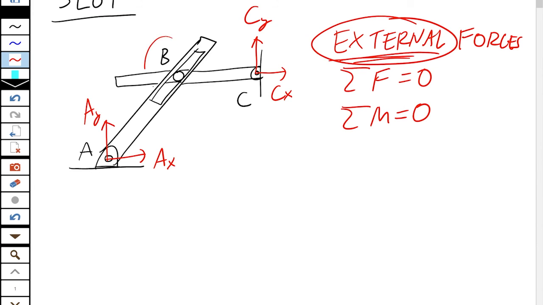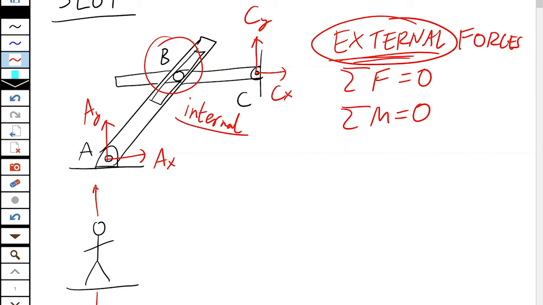You might say, but what about B? B is internal to this diagram, so it doesn't show any new forces on the free body diagram. For example, if I've got me standing here, I know I've got my weight acting down, my normal force with the ground acting up. There's loads more forces acting on me there.